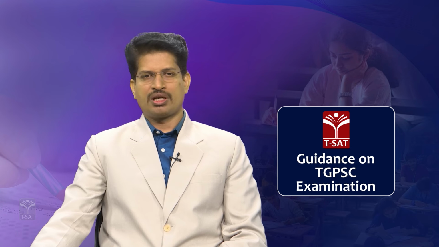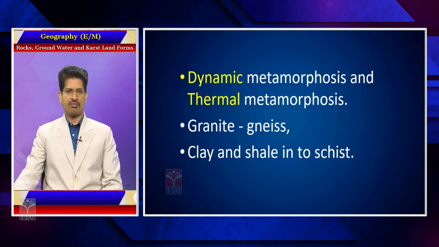Dynamic and thermal metamorphism, which I have already mentioned: dynamic metamorphism is because of pressure variations, when the rock is changing its form and minerals. Thermal metamorphism is because of the temperature. In this process, granite turns into gneiss, and clay and shale turn into schist.